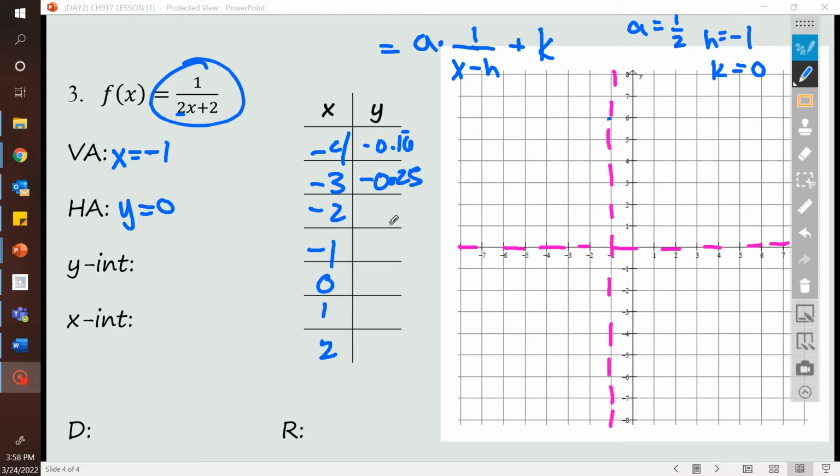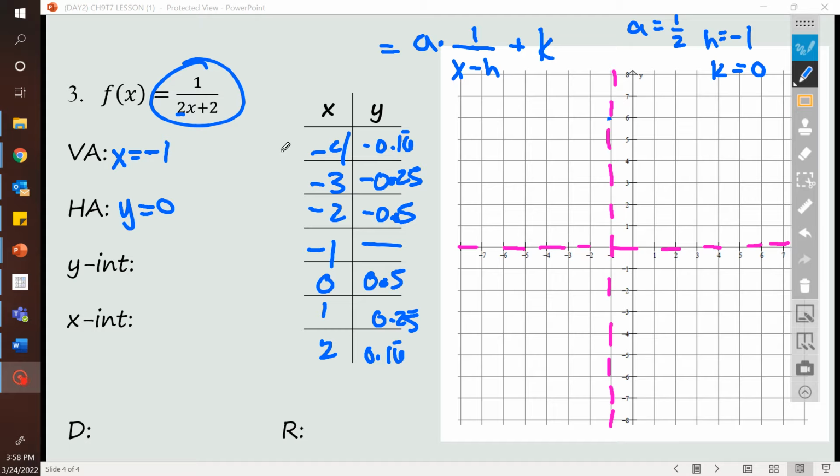Plug in -2, that's 1 over -2, so that's -0.5. Can't plug in -1. Plug in 0, 1 over 2, so that's 0.5. Plug in 1, 1 over 4, that's 0.25. And plug in 2, that's 1 over 6, so 0.16 repeating.